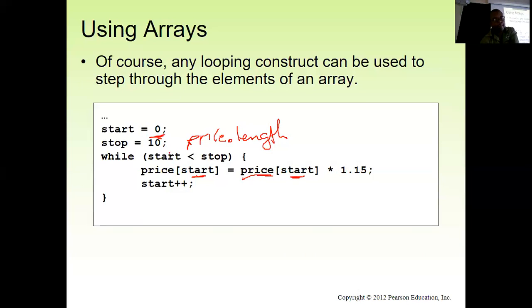So essentially, I am at position 0. It takes what is at position 0, multiplies it by 1.15, and updates the same position to overwrite it. So the new value takes that place. And then I move on by adding 1 to the start. So start becomes 1. And I keep doing that as long as this condition is true. When that condition is no longer true, it exits. Okay?